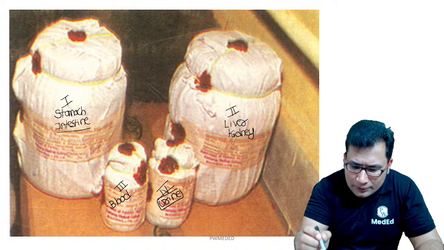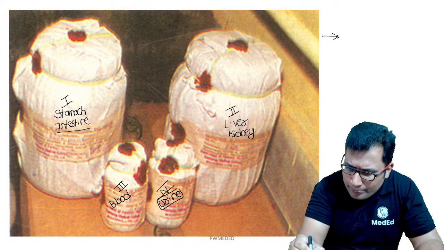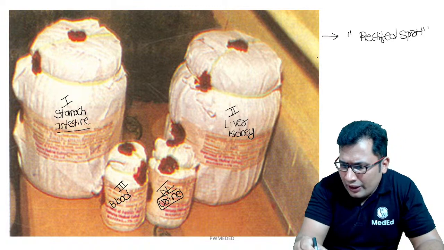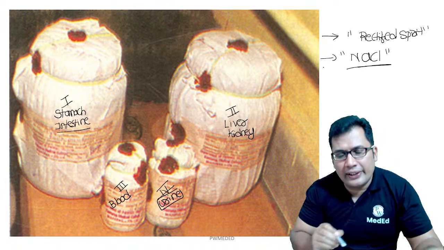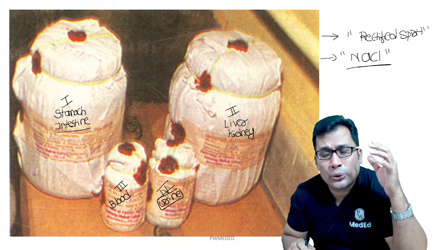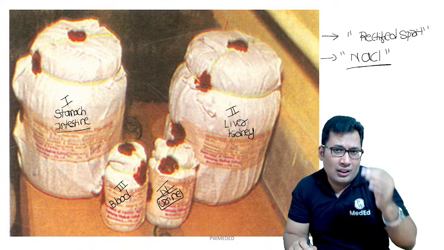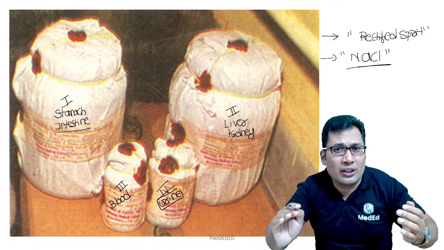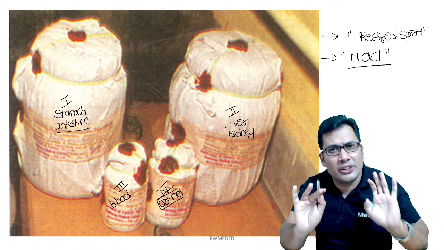And remember, the best agent is rectified spirit, but commonly we use NaCl solution. Also in autopsy, dear students, you must know skin incisions: I incision, Y incision, modified X-shaped incision, and inverted Y-shaped incision.